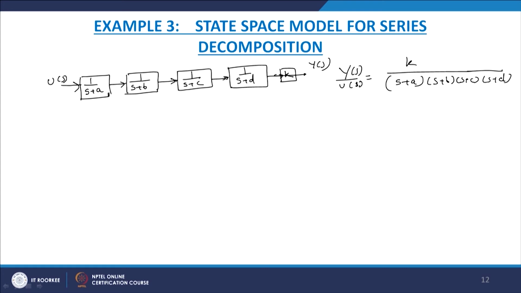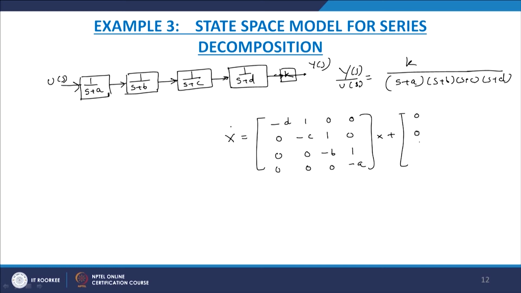This is y(s) by u(s), and here we have to prove that x dot equals minus d 1 0 0; 0 minus c 1 0; 0 0 minus b 1; 0 0 0 minus a, this is multiplied by x, plus 0 0 0 1 times u, and the output y equals k 0 0 0 times x1 x2 x3 x4.